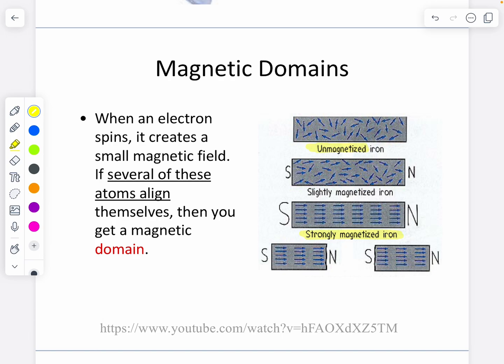And that is what makes our materials magnetic. So we call this a magnetic domain. This is when the movement of those electrons is all along the same direction, or what it says over here is that these atoms are aligned. The electrons of these atoms are aligned. They're all moving together in unison, and that is what makes our materials magnetic.